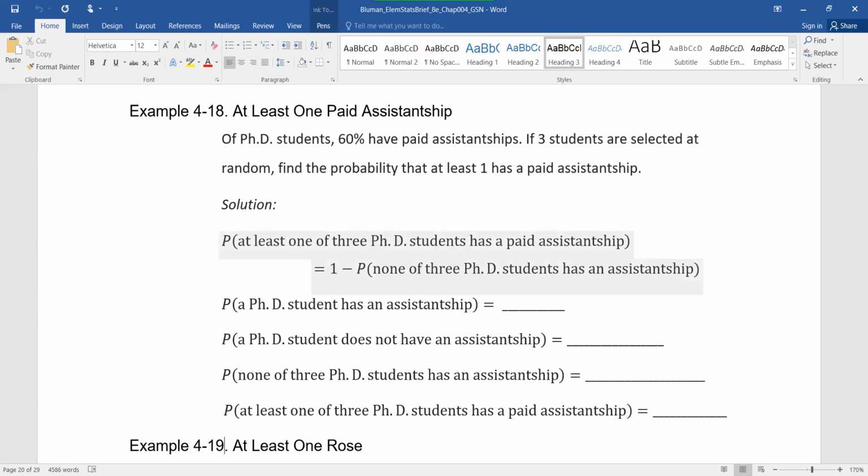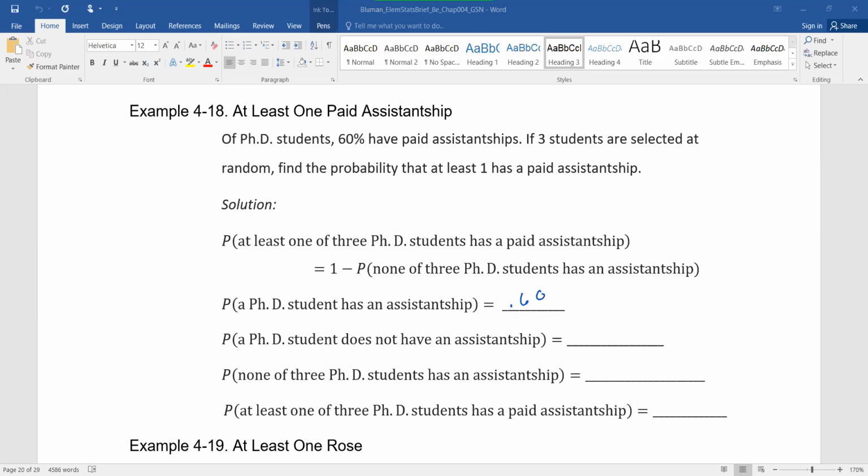Or, for at least one, I could find the probability that none of them get it and then subtract that from 1, because that's what I should be left with. So what's the probability that none of them are paid? 0.40, then multiply it again, and then again. This is one of those large samples where we don't have to worry about replacement, just like we saw earlier. The probability of a PhD student having an assistantship is 0.60.